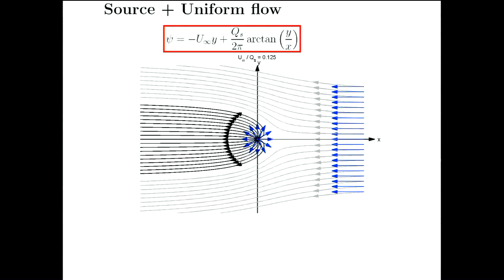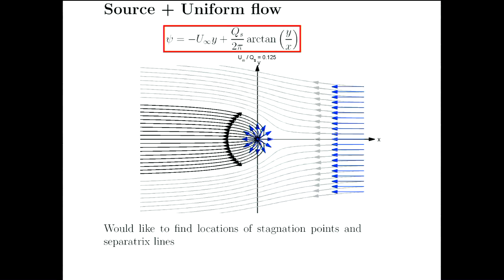Okay, and this looks, well, not really an airfoil, but it looks quite similar to an airfoil, which is our ultimate goal. We want to model a flow over an airfoil. So this is another attempt at that. Okay, so the stream function for this flow is negative u infinity y plus Qs over 2 pi arctan y over x.